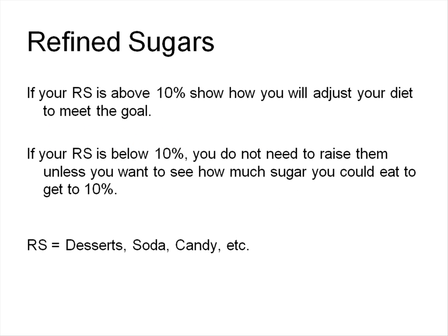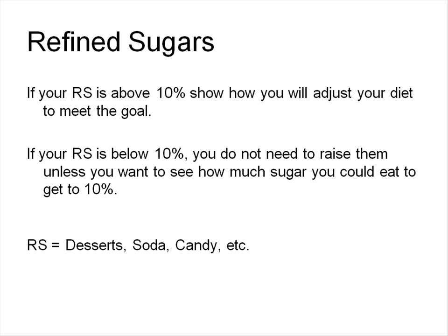So the first thing I would need to do is look at my refined sugars. The goal is 10%. If you're above 10% of your calorie intake, you're going to have to reduce that down to 10% or below. If you're below 10%, say you're at 7%, you do not need to raise that to 10% unless you really want to.